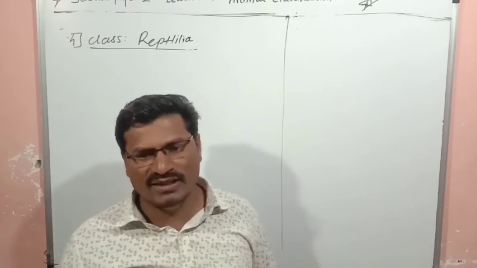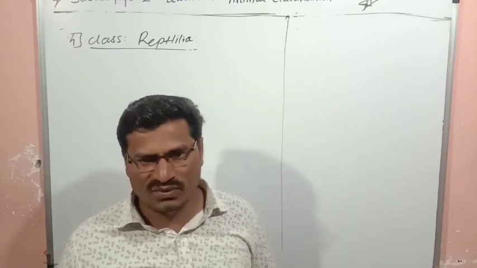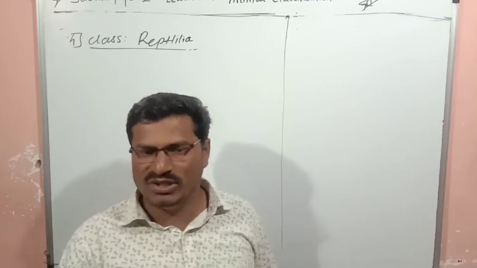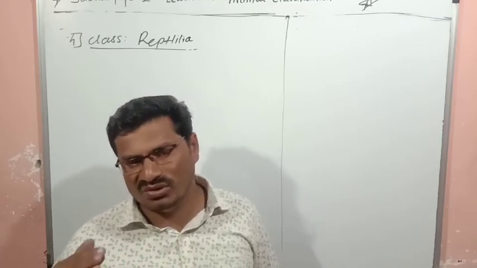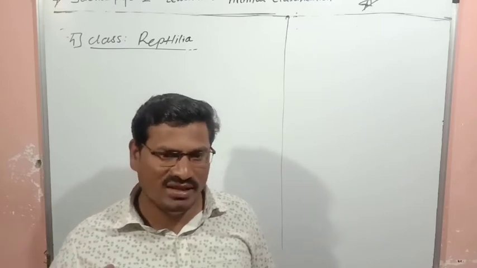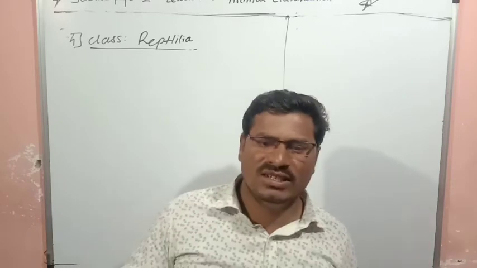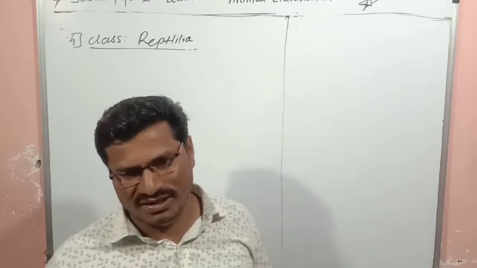Neck is present between head and trunk. In the amphibians we studied, neck is absent, but in Reptilia neck is present between head and trunk. External ear is also absent.